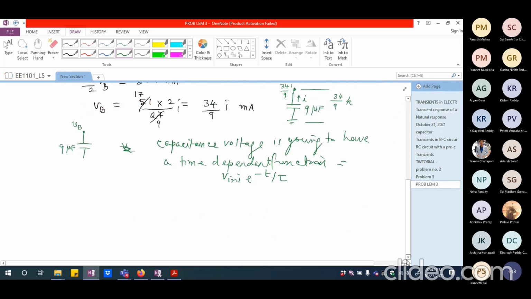That is how it has to be, because there is no other excitation function. There is no other exciting voltage. And the initial voltage is given as 17 volts, right?